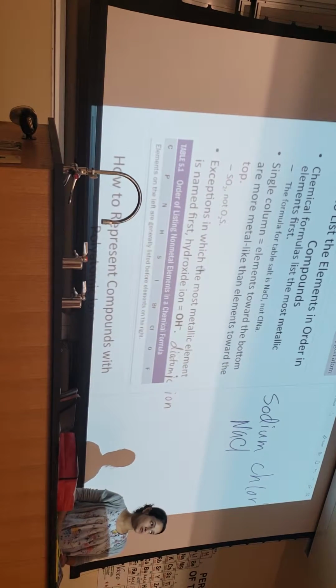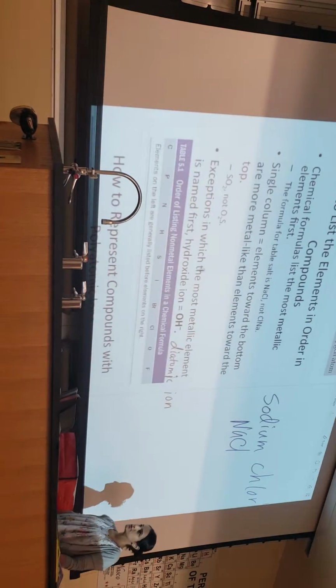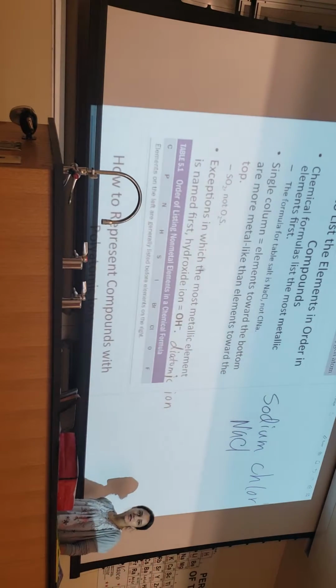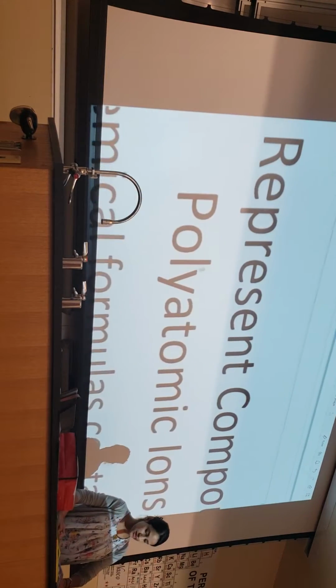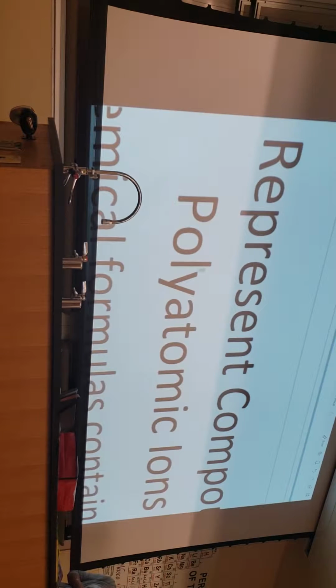Now, everyone's favorite. These are the culprits that my 101 students are not a fan of. Polyatomic ions. Okay, let's look at the name first. If I say polyatomic ions, what does poly mean? Many, right?